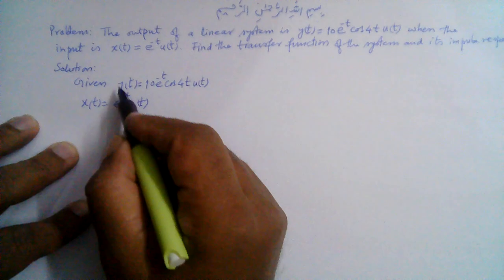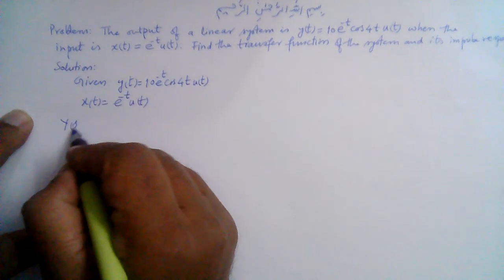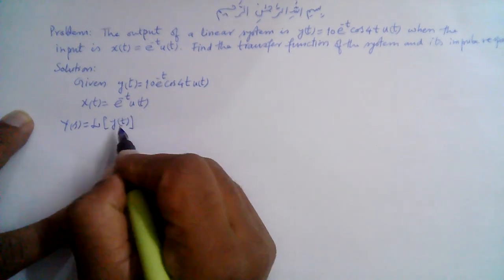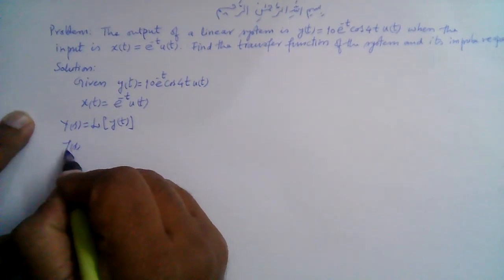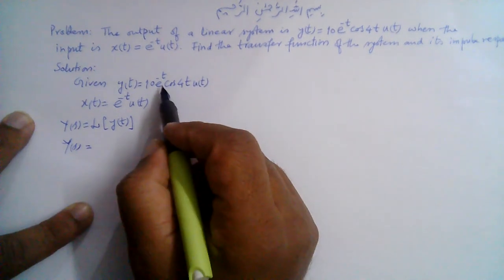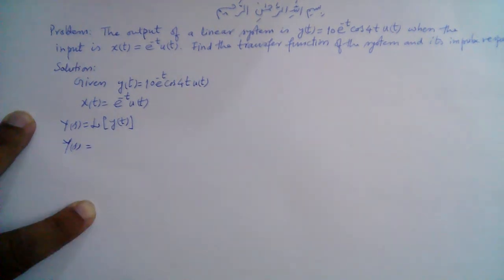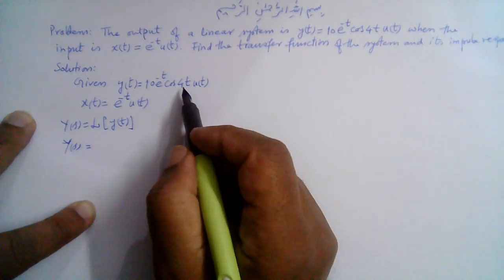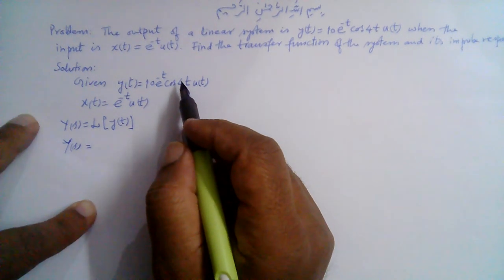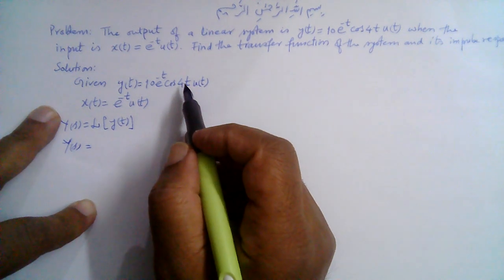So the Laplace transform for y of t, let us represent this with y of s, which is the Laplace transform for y of t. It will be equal to, so this is in the form e raised power minus at cos omega t. So cos omega t has a transform of s over s square plus omega square, right?